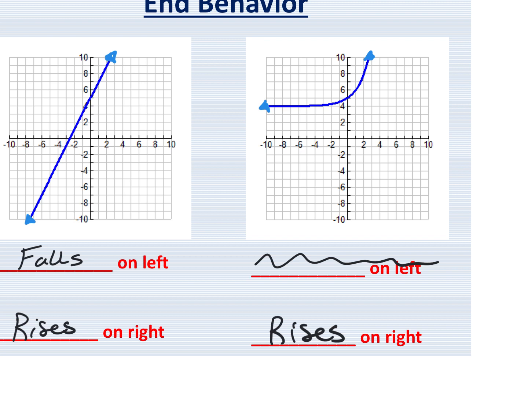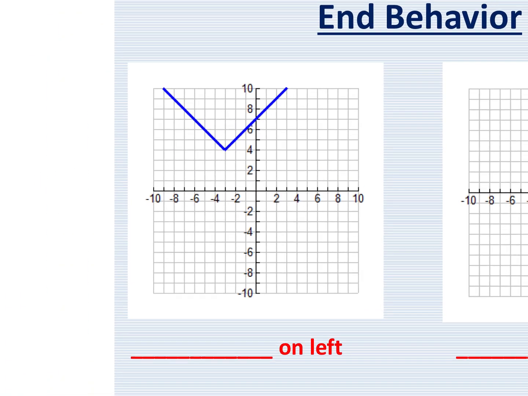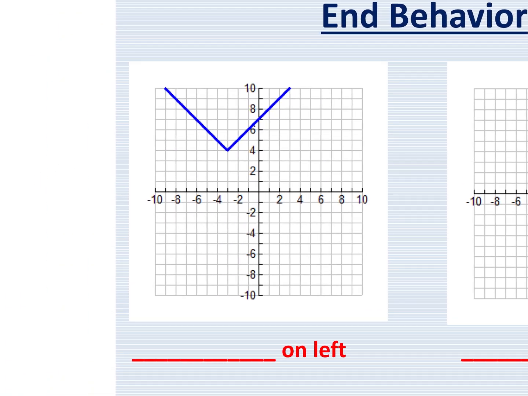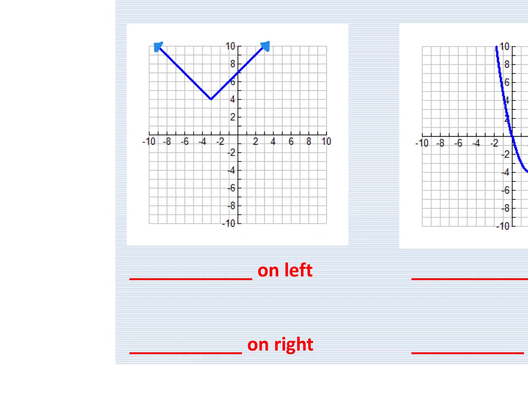I want to do one more with you. Okay? Third one on this next one. Now, this one is just different. It's not really hard. You just need to know that you can get this answer and everything is okay. What is happening on the left? No, look at the arrows. It is rising. It is going up.